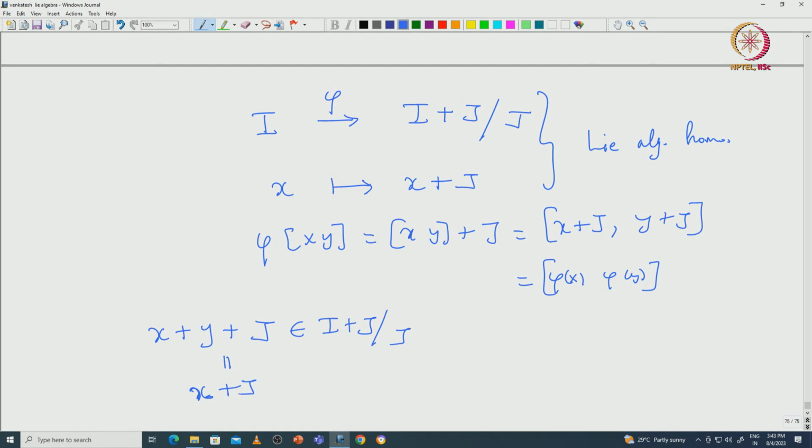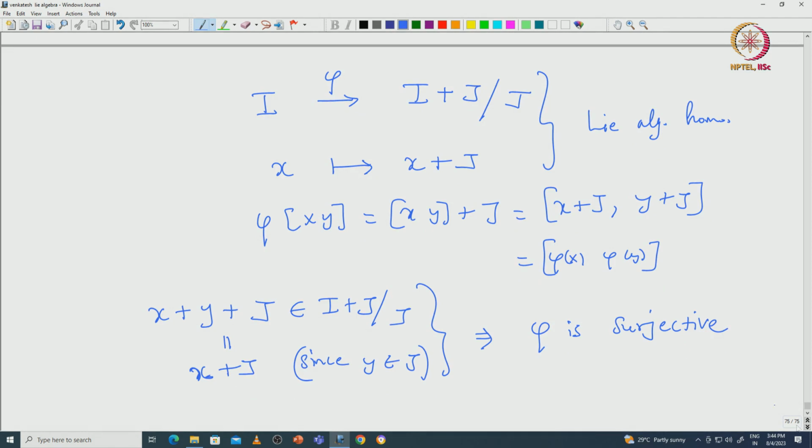Because y is in J. So, that implies phi is surjective. There is nothing to check. So, this is a surjective Lie algebra homomorphism.